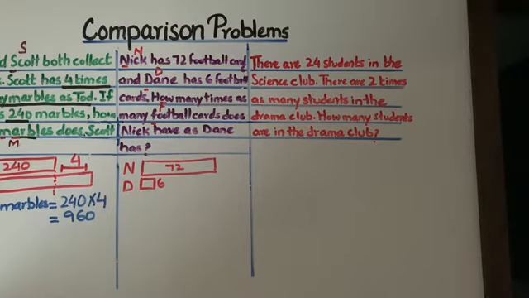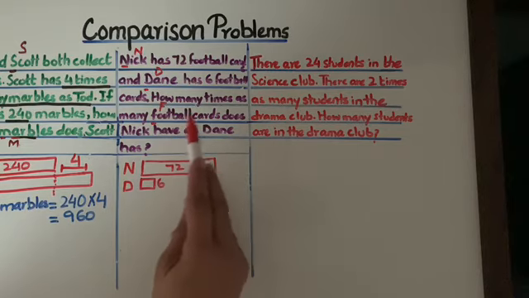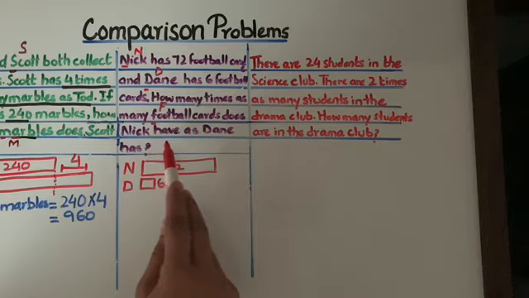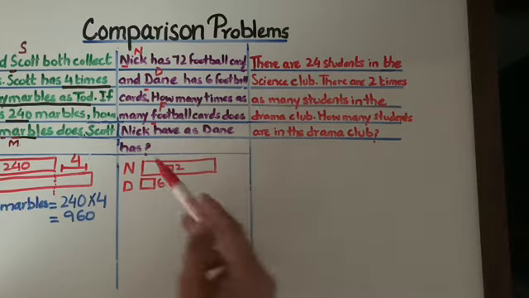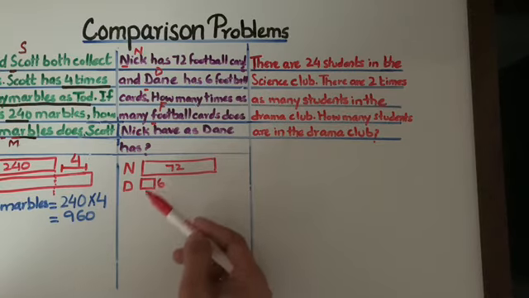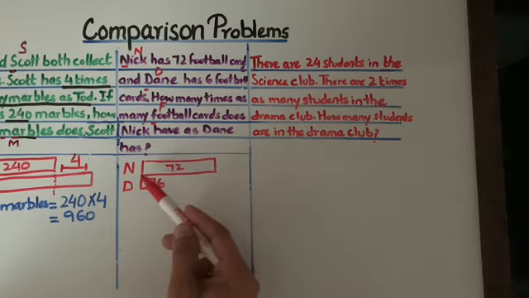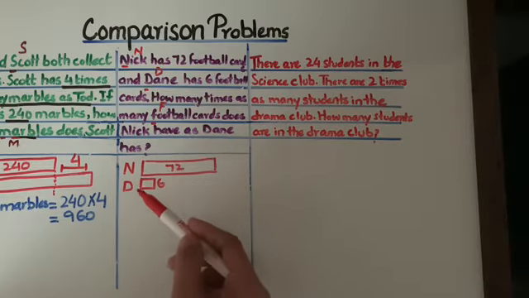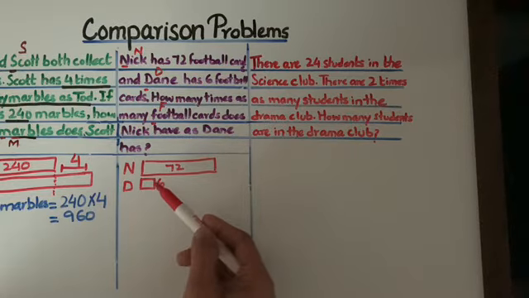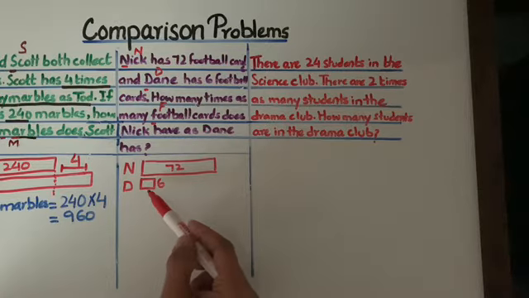Now what do we have to find out? We have to find how many times as many football cards Nick has as Dane has. So we have to compare these two bars, meaning we compare Nick's footballs and Dane's footballs, and tell how many times as many football cards Nick has as Dane has.